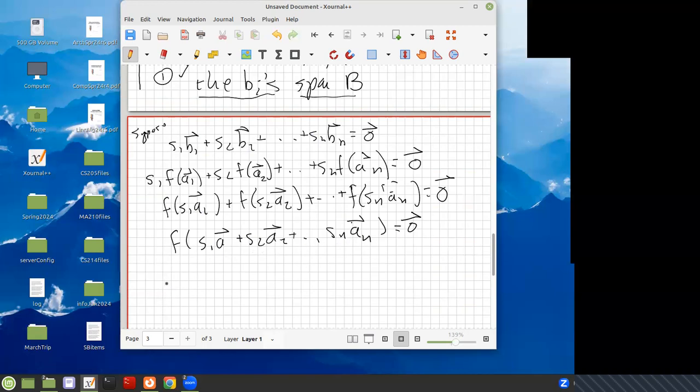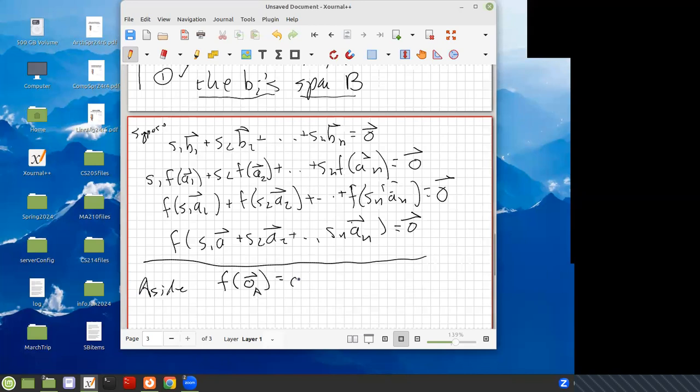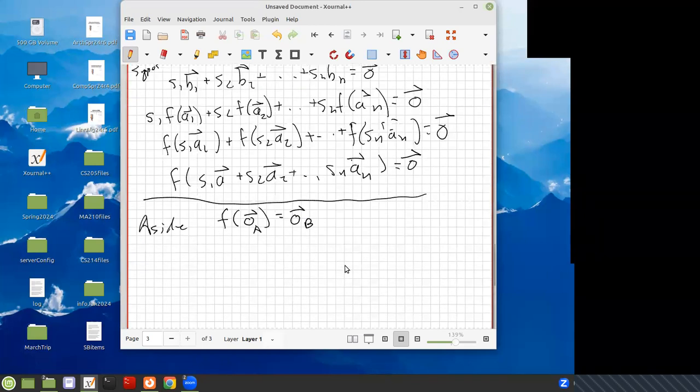Well, it turns out, and this is an aside, that in any vector space, because F is linear, F of 0 in A gets mapped to 0 in B. Why is that true?